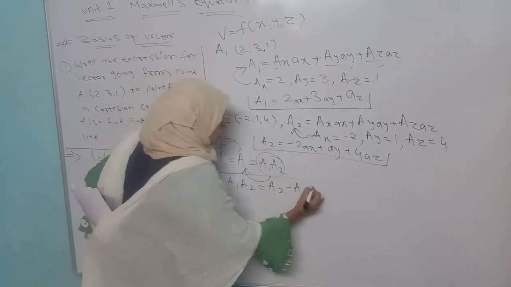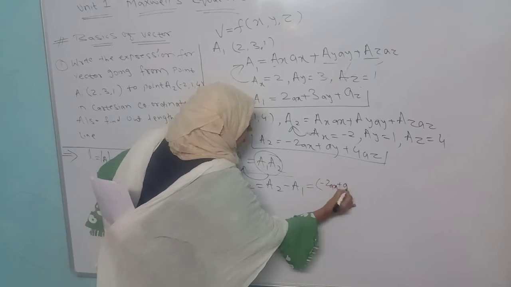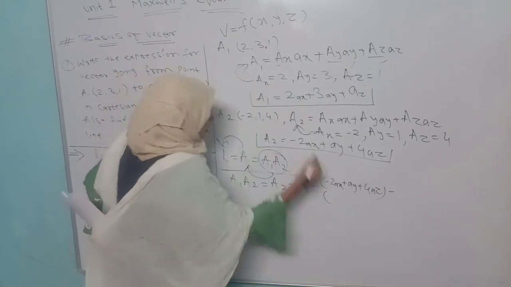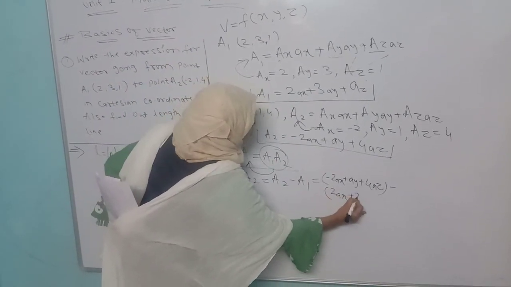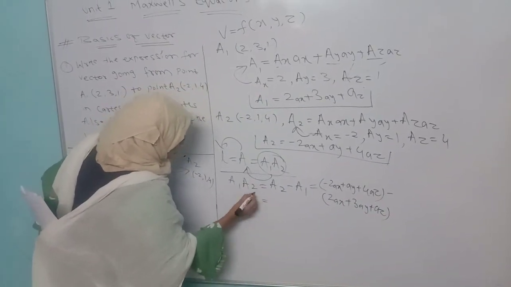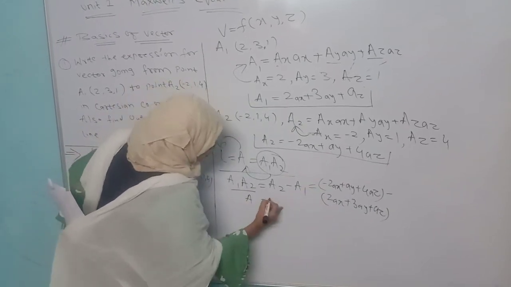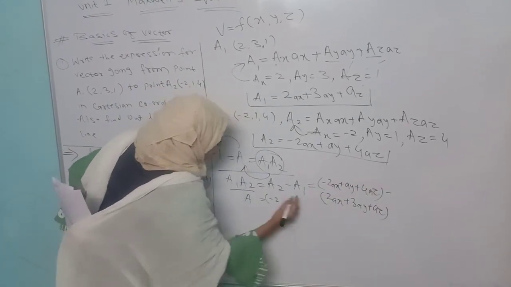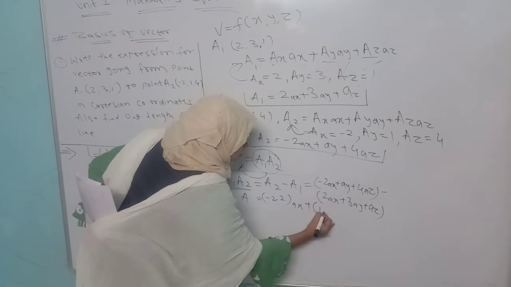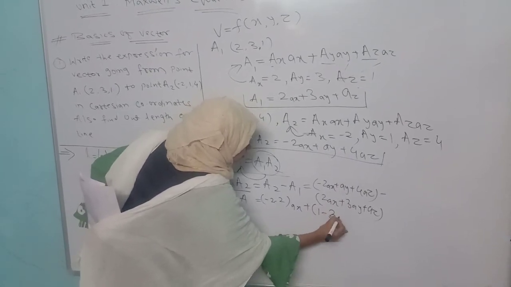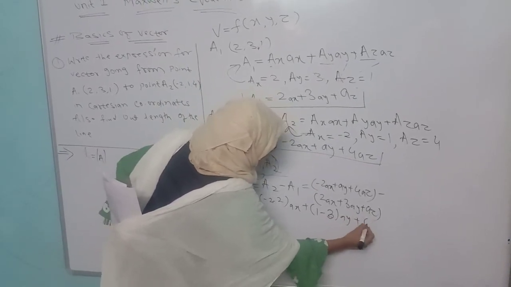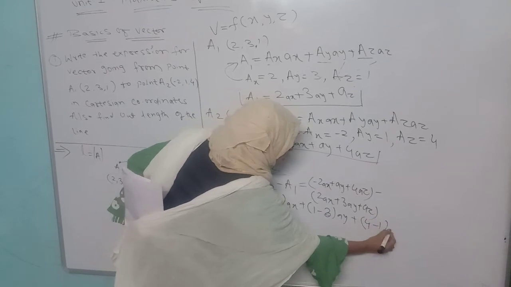So what is your A2? Note down the equation: minus 2ax plus ay plus 4az minus of A1, which is already mentioned above, 2ax plus 3ay plus az. Now do the subtraction. So this entire will become: minus 2 minus 2 of ax, plus 1 minus 3 of ay, plus 4 minus 1 of az.